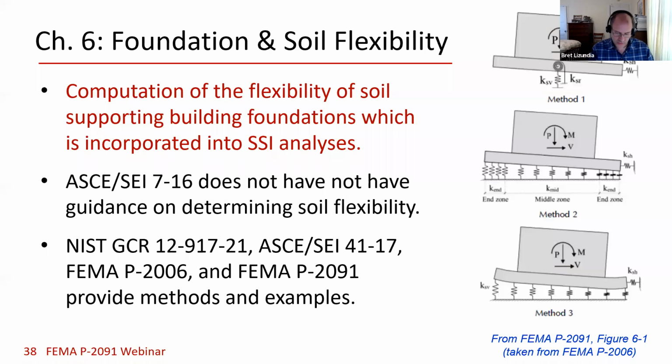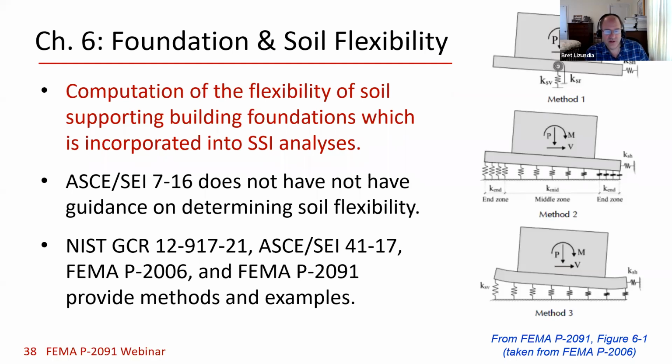Okay, so next chapter, which I'll just go briefly through, these next ones, in the interest of time here. Chapter 6 is about soil flexibility. And there's no information in ASCE 7 on how you do this.